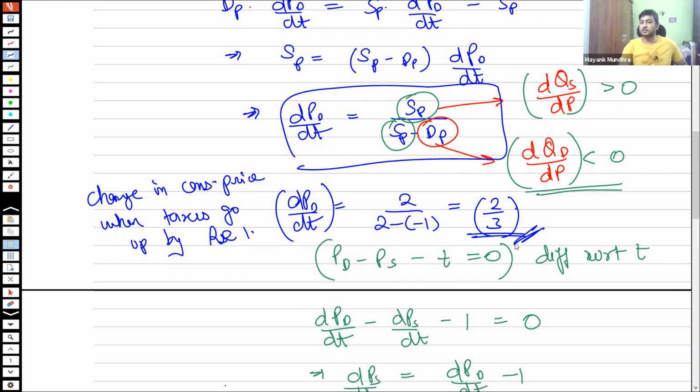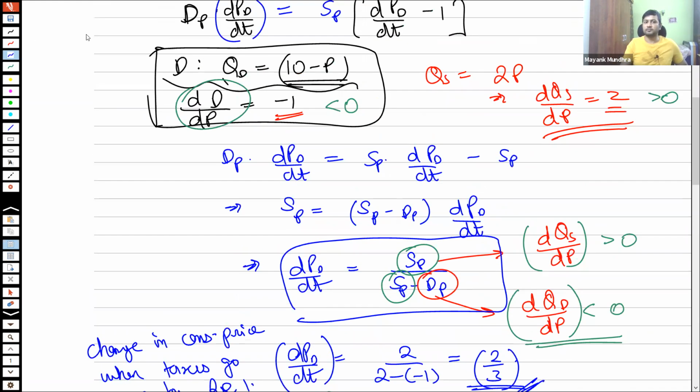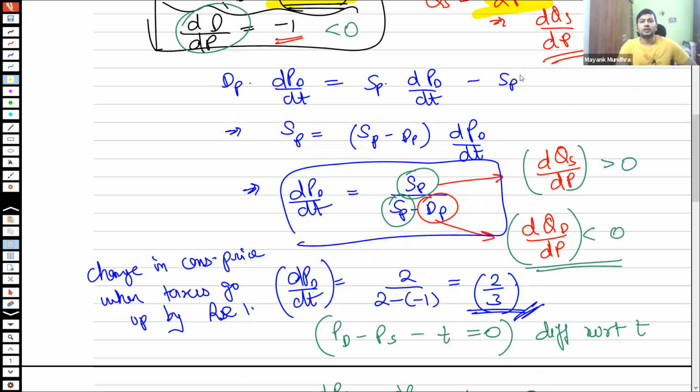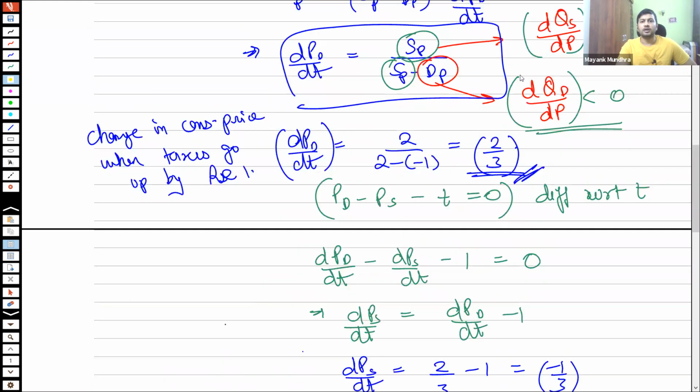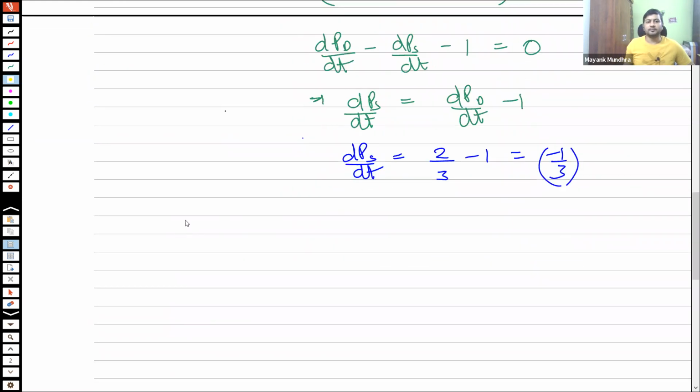It really depends on the supply and demand functions, on these functions which I have assumed. You take some other functions, you get a different result. So coming back, this dPd by dt is SP upon SP minus DP.